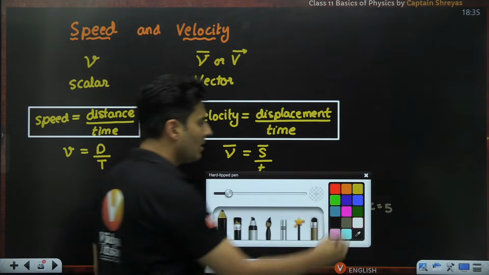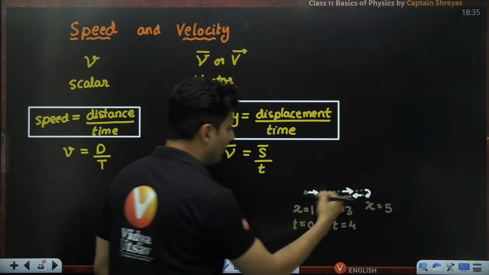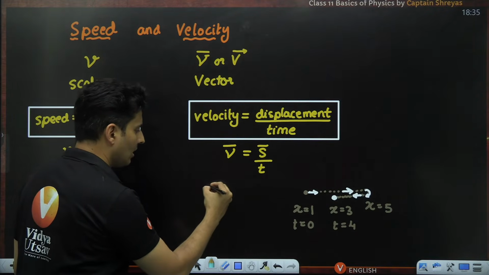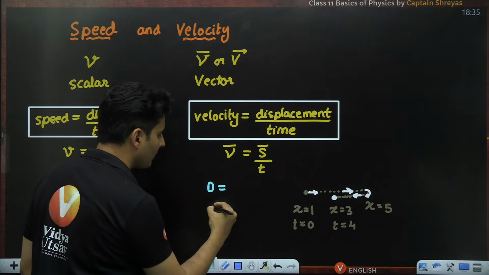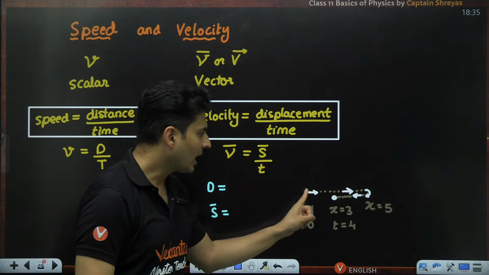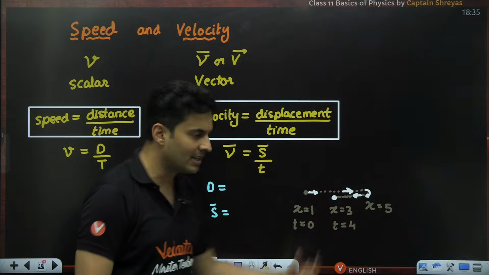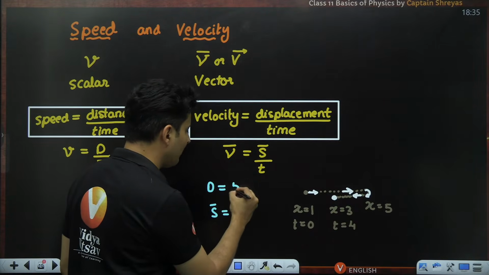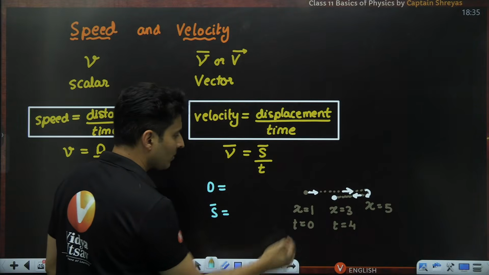If you ask me what is the distance traveled in this problem and how much is the displacement, what will your answer be, guys? Come on, quickly answer in the chat box. Distance traveled: this is 1, right?